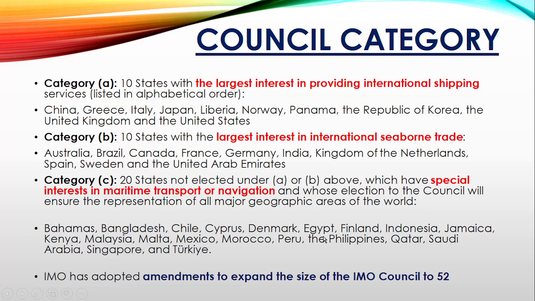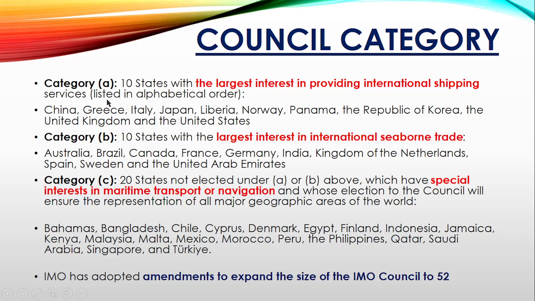Okay, now let's see one more thing. The council categories are A, B and C. The council members are categorized into 3 categories, based on the total.